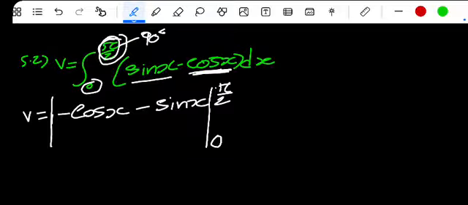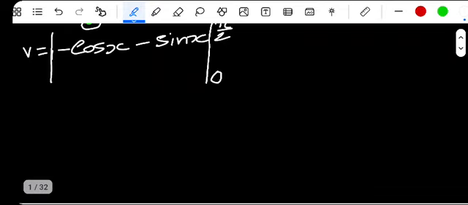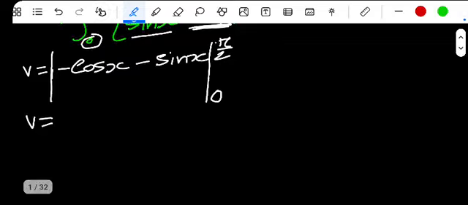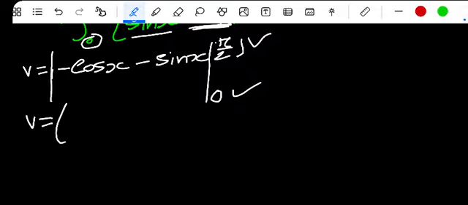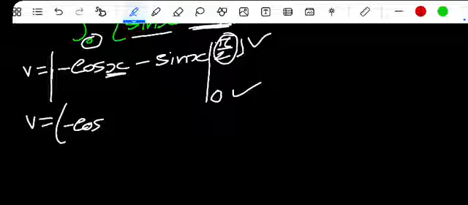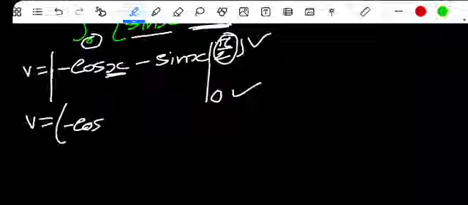All right. This is what we have there. Now we know what we're supposed to do. We have our v. Remember, we'll start with the upper limit. You start by substituting the upper limit, then you subtract the lower limit. So you can say minus cos of pi over 2, which is the same as 90.